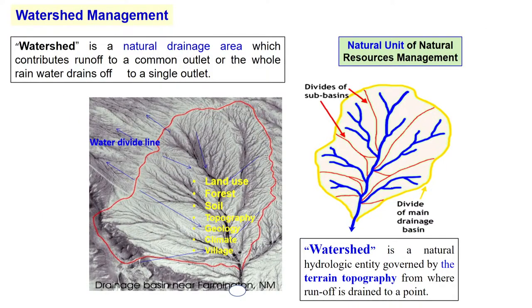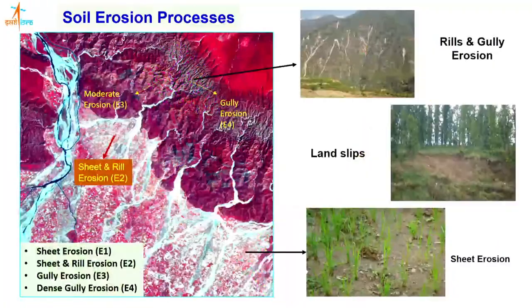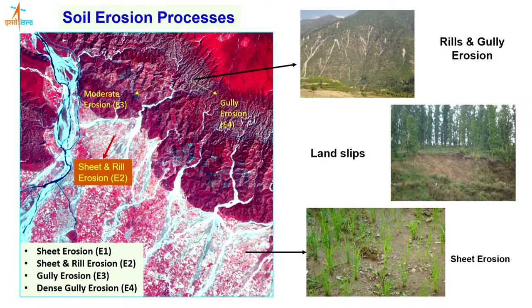If you see, one major use is watershed management. You have heard that one. What do we mean by watershed? Or here you can come before that: how can we map soil erosion?